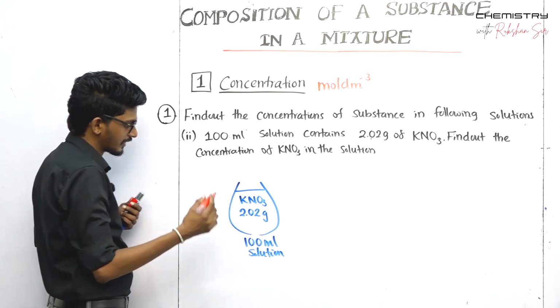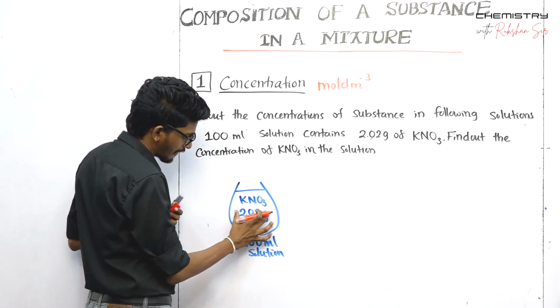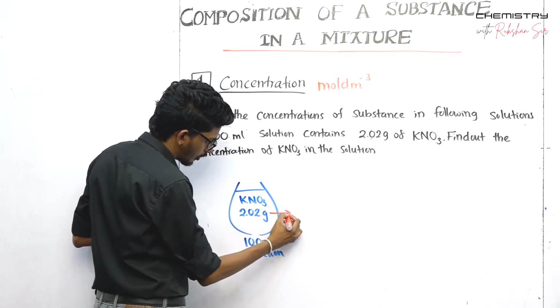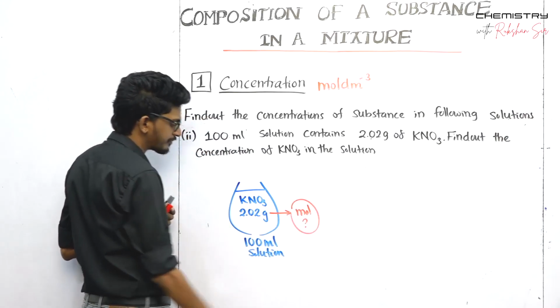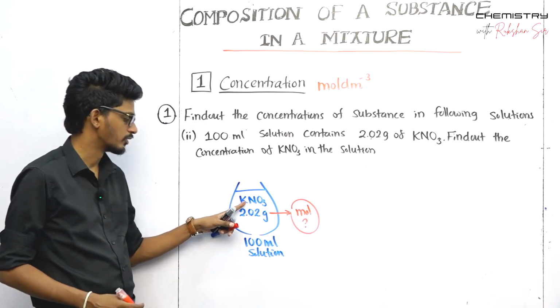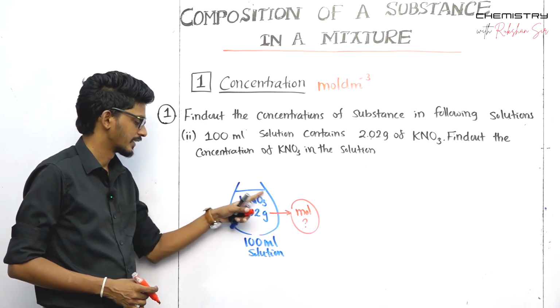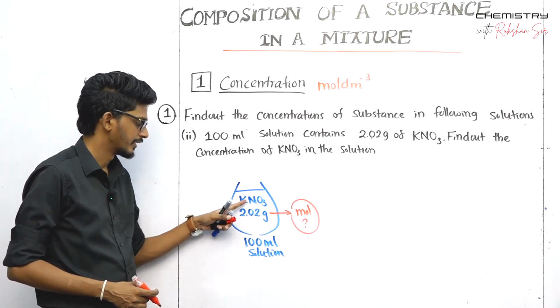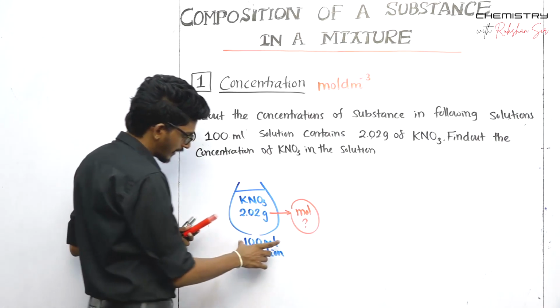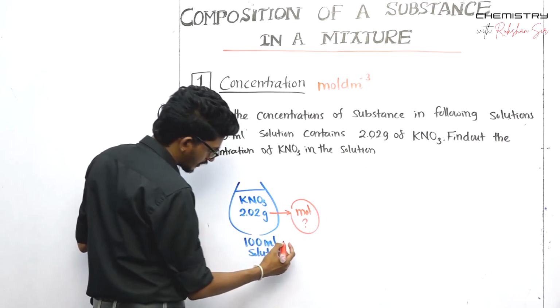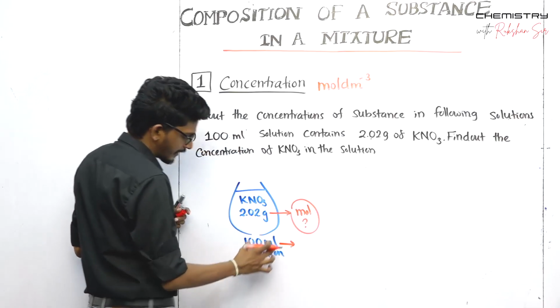So first, let's convert the gram value of the KNO3 to a moles value. That can be done with the g mol^-1 value of KNO3. With each and every chemical formula, there is that data, the g mol^-1 value. This also needs to be converted into decimeter cubes.